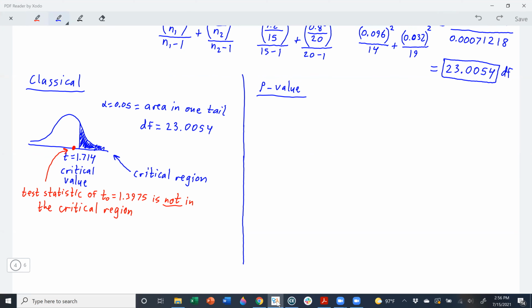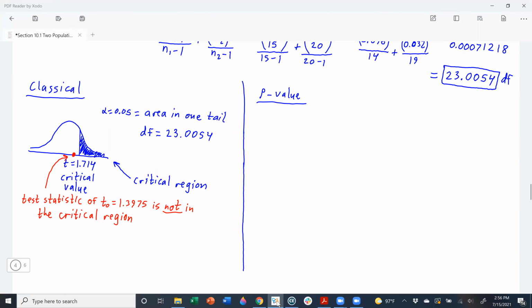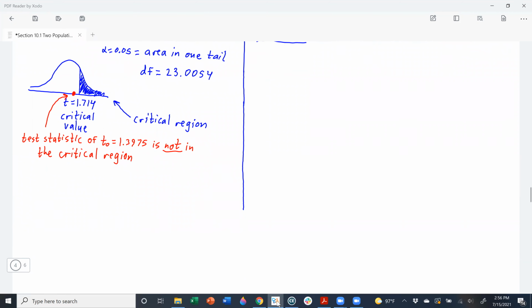Okay, so then what does that mean? If you recall, the test stat not in the critical region means that we do not reject the null hypothesis.